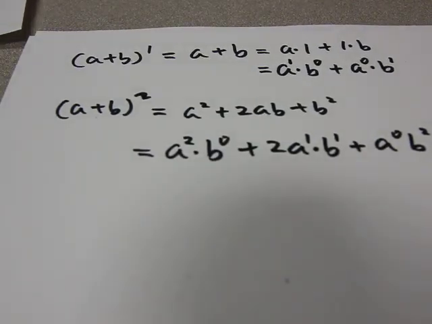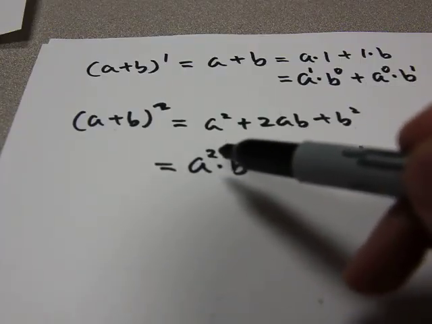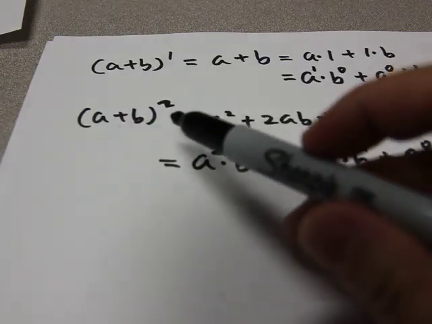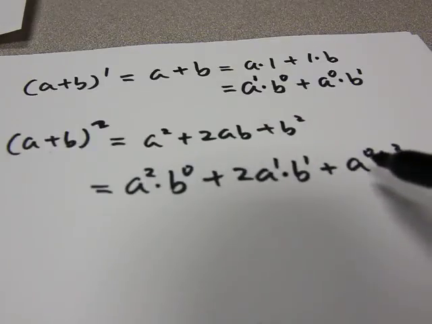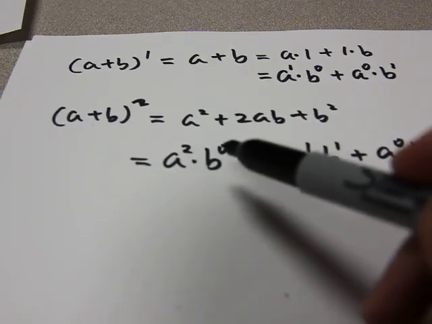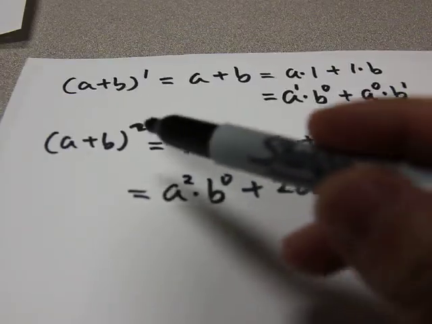So we notice one thing: the exponent of a goes down from this integer to 0, and the exponent of b goes up from 0 to this integer.